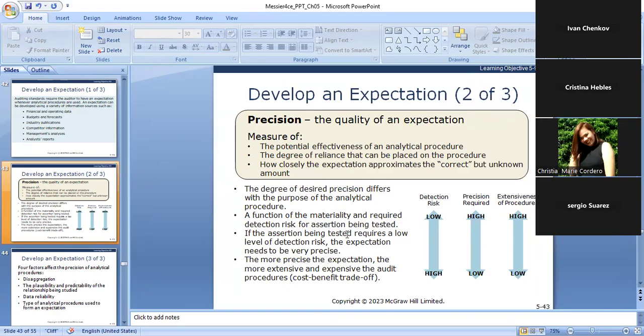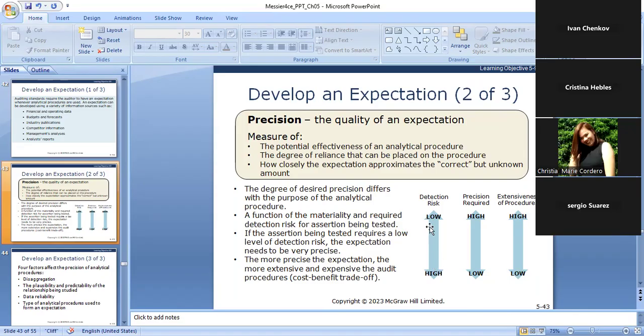If the assertion being tested requires a low level of detection risk, and a more precise expectation, more extensive and expensive audit procedures, that means we want to lower the detection risk.